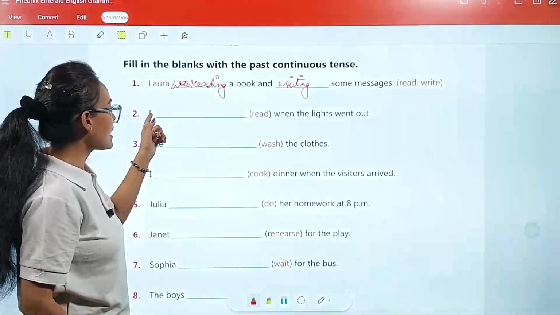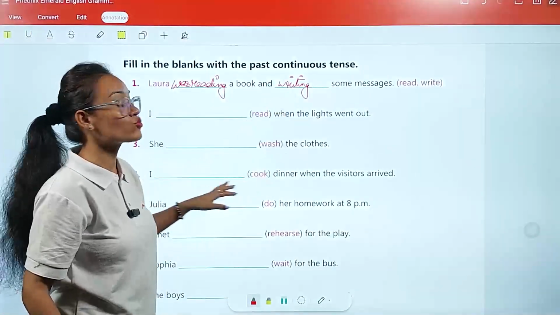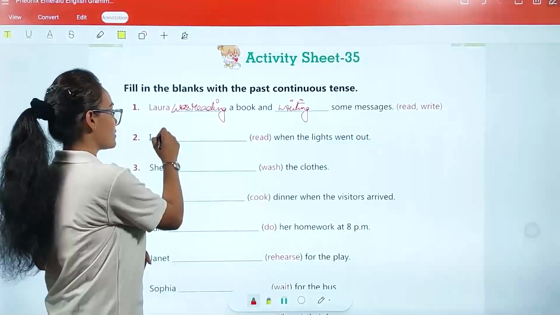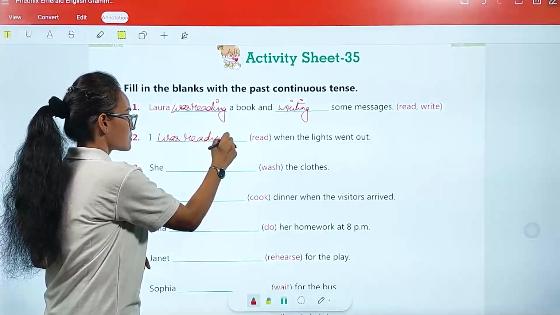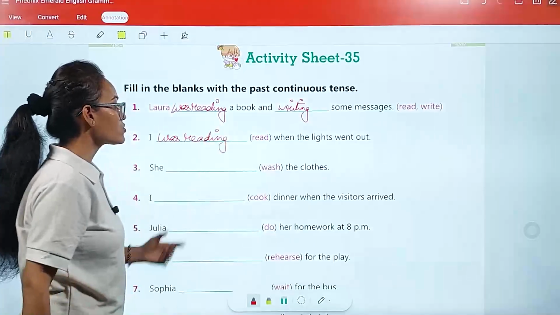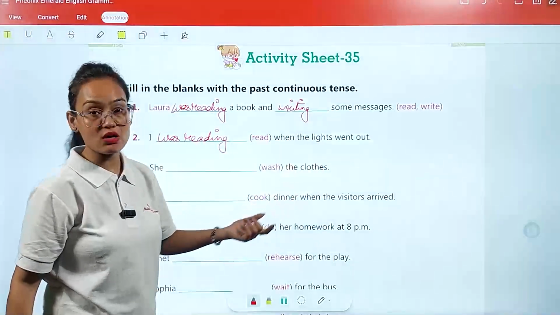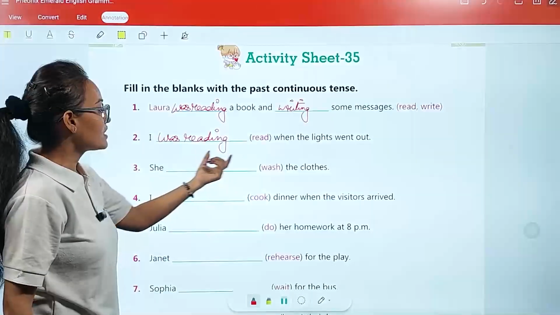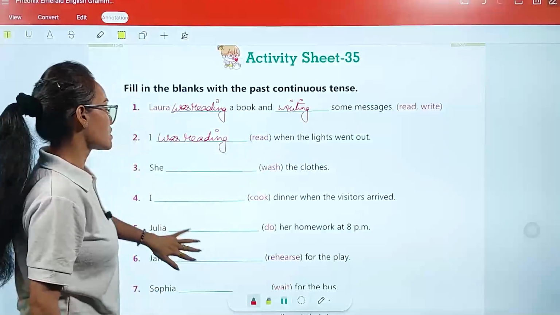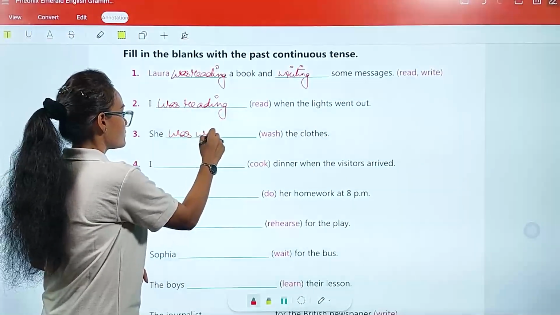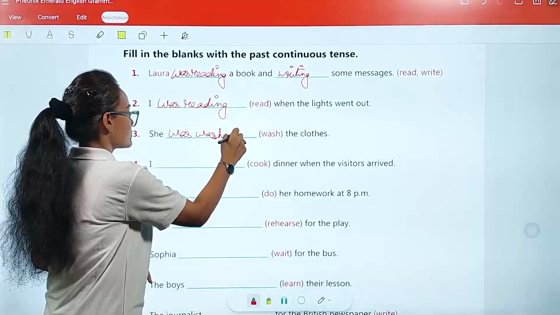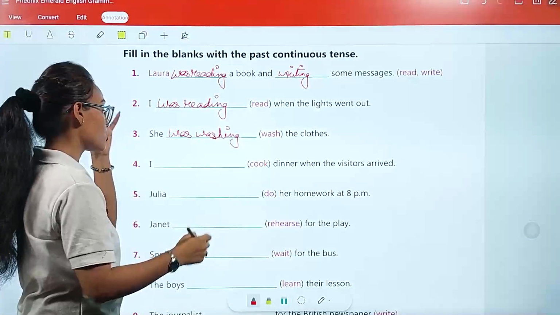Second one, I dash read when the lights went out. I was reading when the lights went out. Third one, she dash washed the clothes. She was washing the clothes.